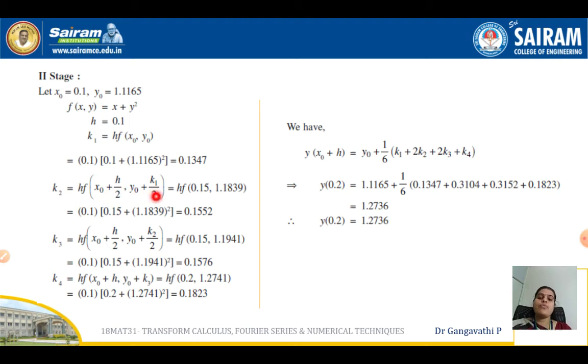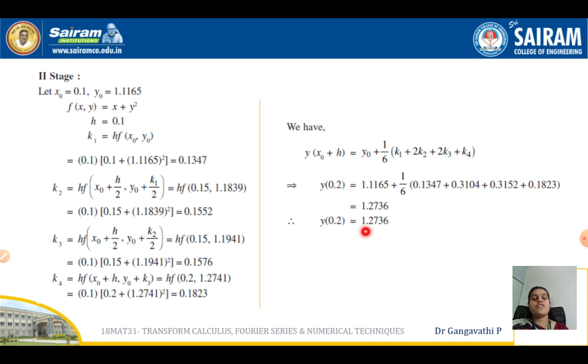The value of x naught plus h by 2 is 0.15, y naught plus k1 by 2 is 1.1839. Simplifying, we get 0.1552, and k3, k4 you also need to evaluate in the same way. So write down the final formula, substitute the values of x, y naught, k1, k2, k3, k4, and simplifying we get y of 0.2 is 1.2736.